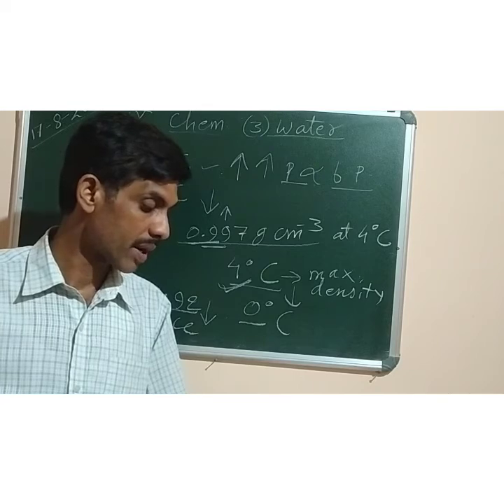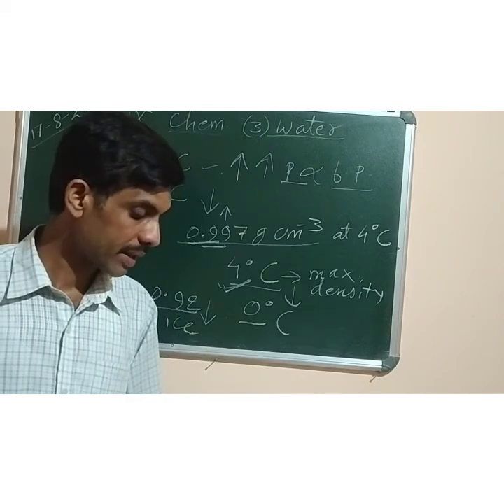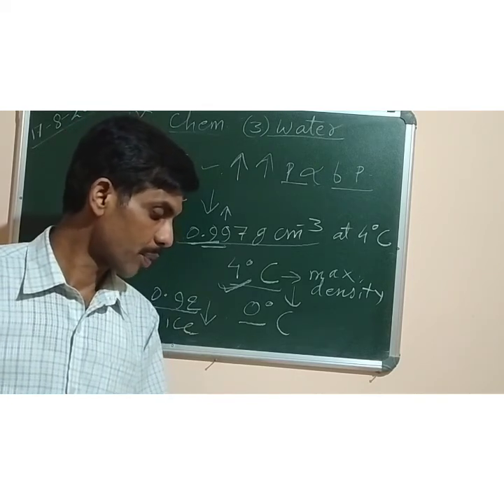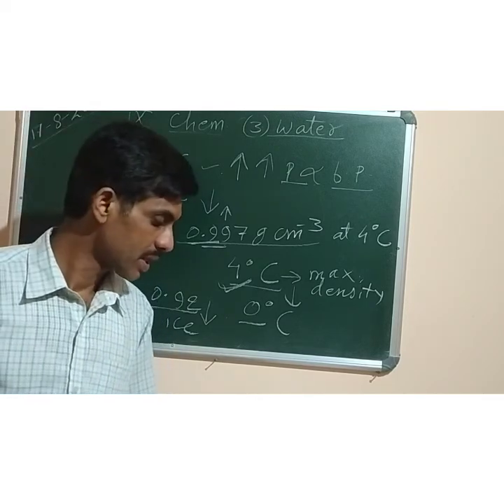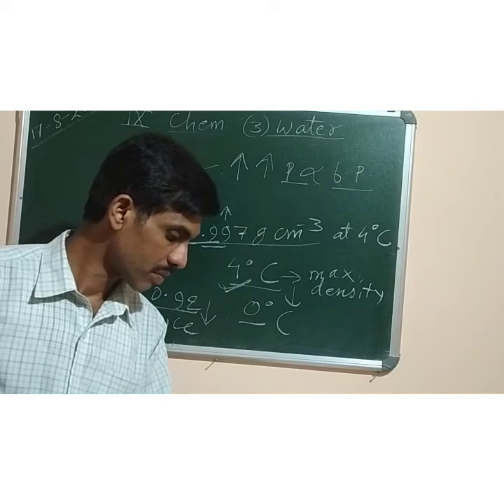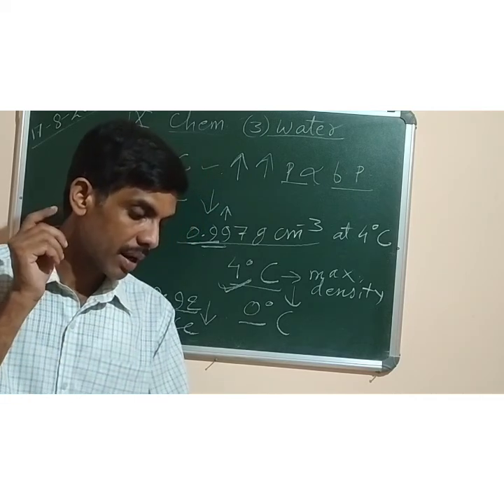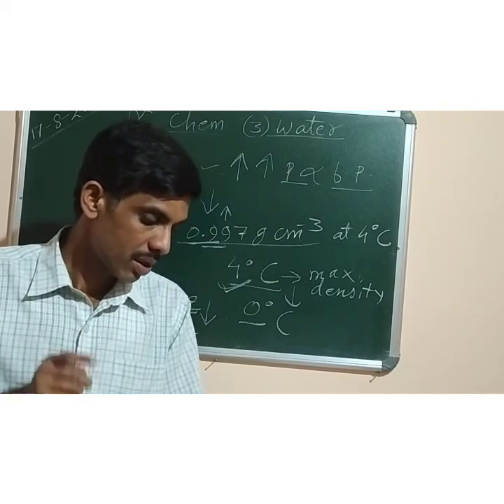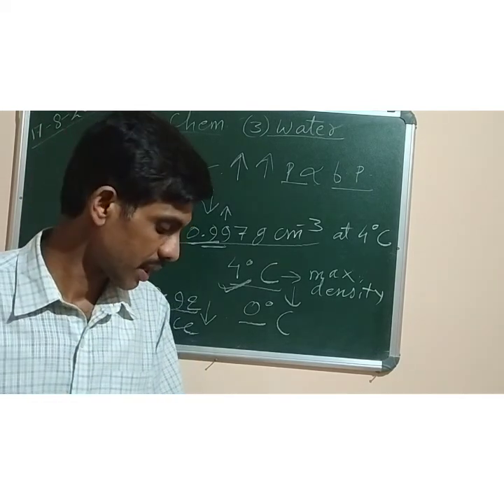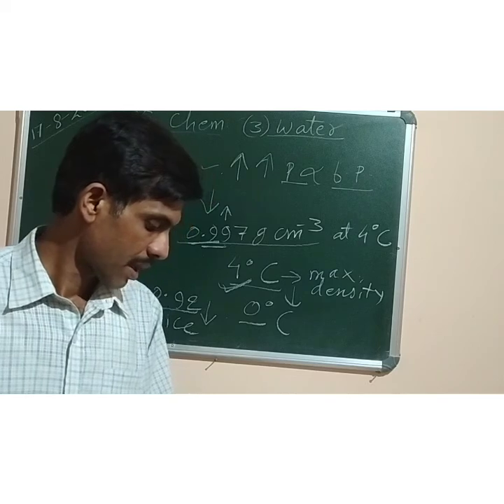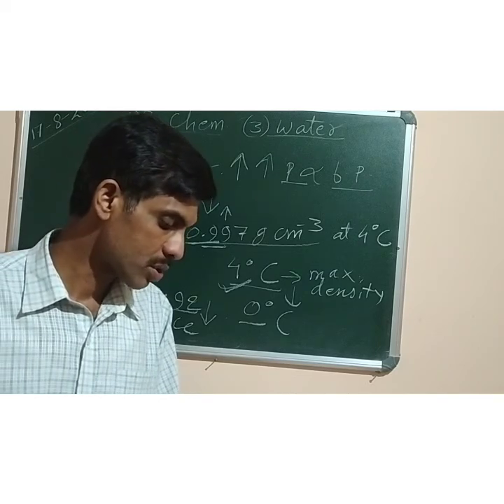As homework, you can write the definition and the physical properties of water, like boiling point and freezing point, as well as this question: water is a compound, not an element, so give 5 reasons. Next, write why water is called a universal solvent.